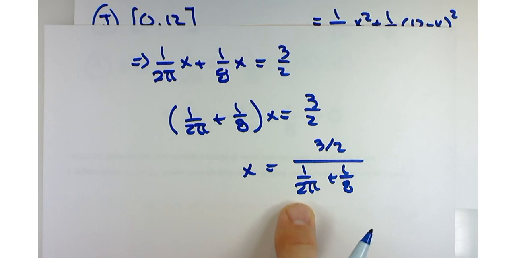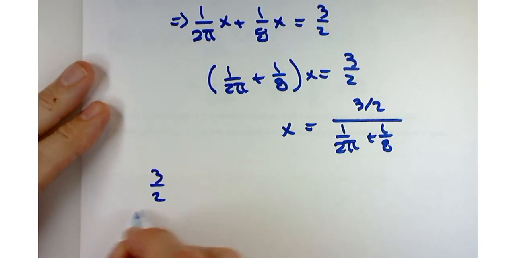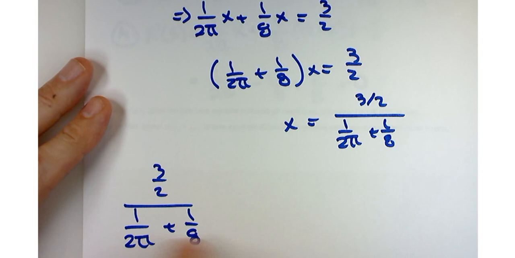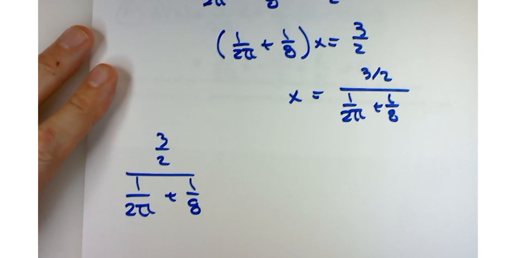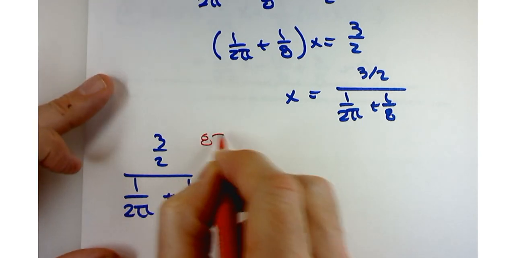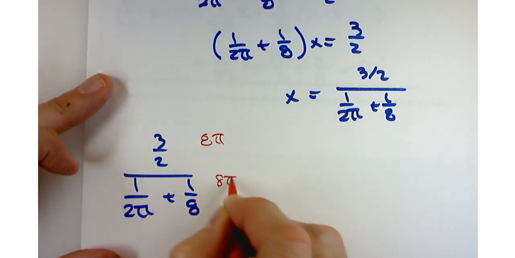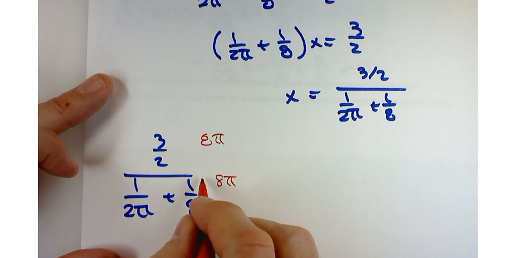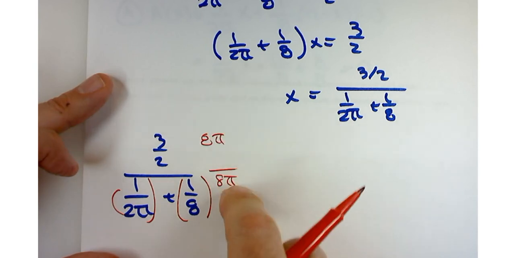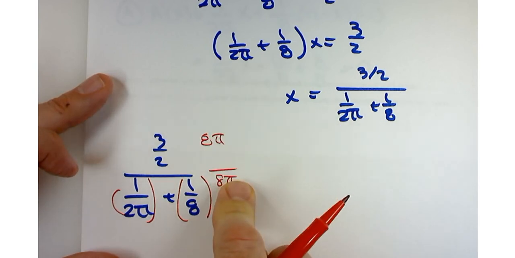I suppose if you wanted to, let's see, 3/2 over (1/2 pi plus 1/8). The lowest common denominator of all these so-called secondary fractions would be 8 pi. So I could multiply in the numerator by 8 pi, and then the denominator by 8 pi. And really that 8 pi over 8 pi is multiplying by 1.